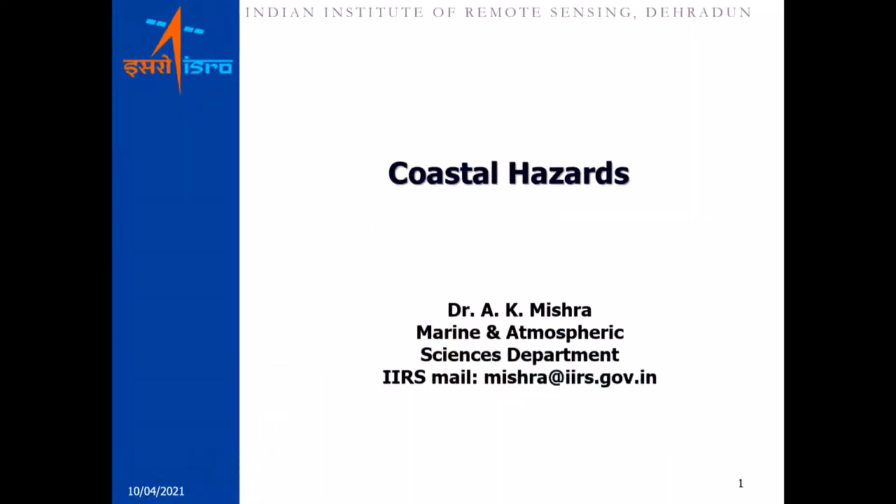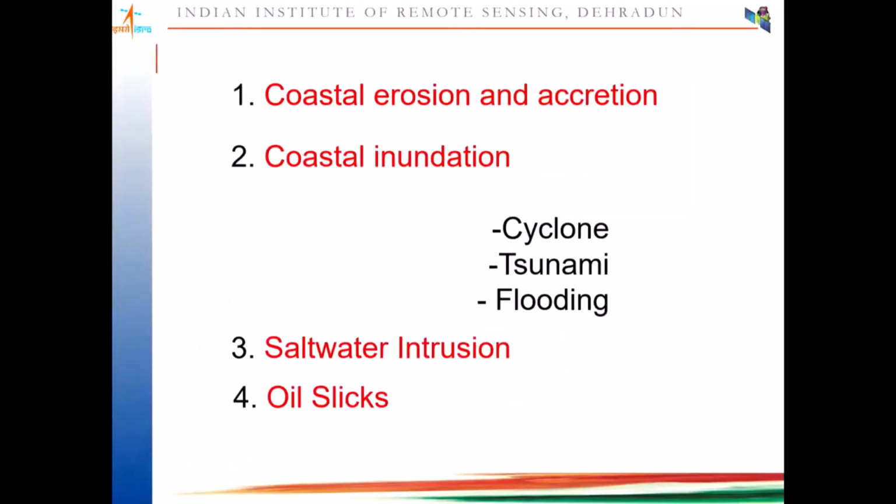And coastal hazards, when it comes to our mind, we think of these four processes. That is coastal erosion and accretion, and coastal inundation, which is caused mainly by cyclone, tsunami, and flooding.